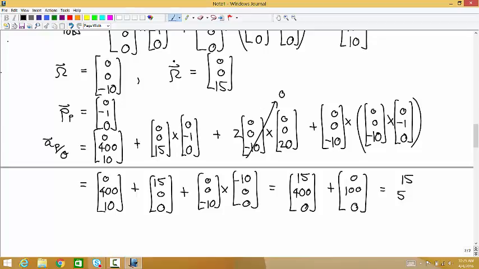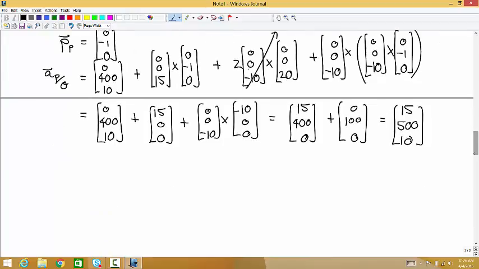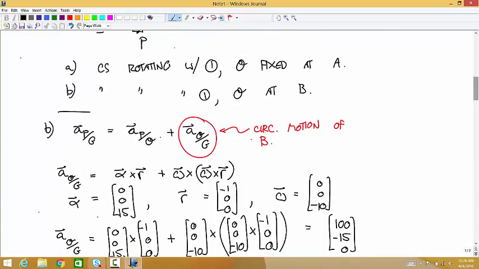I got 15,510. Okay. Yes, thank you. And so then put this all together and you get that the acceleration of P is equal to 15,510 plus what we got for the acceleration of the origin, 100 negative 15, 0.